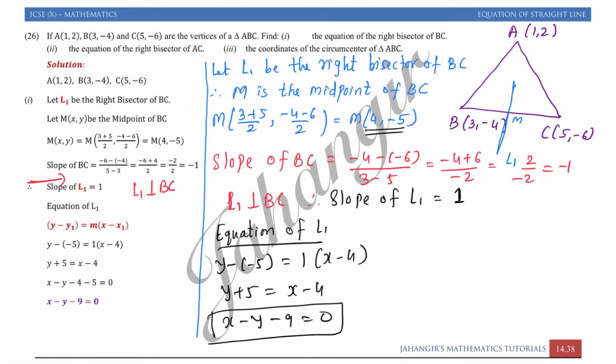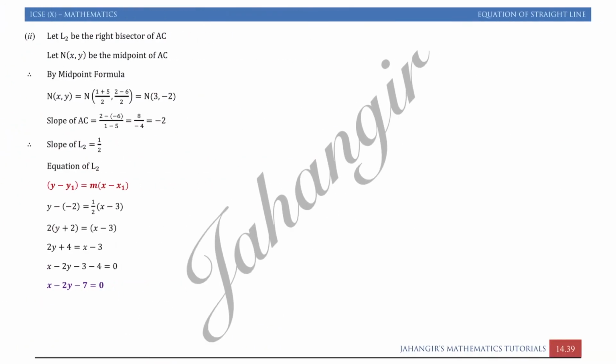Now second, we have the right bisector of AC. We'll say A is 1 comma 2, B is 3 comma minus 4, C is 5 comma minus 6.